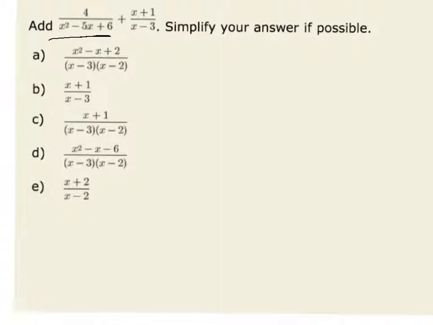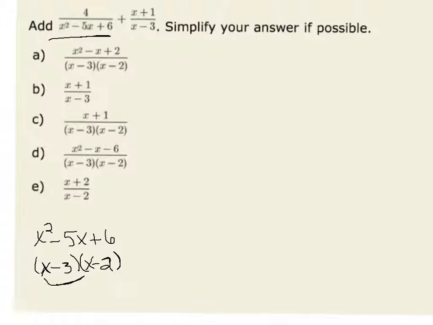Let's take a moment to look at the denominator, x squared minus 5x plus 6. If I factor this, I can see that I will be left with x minus 3 times x minus 2. We can verify this by using the distributive property.